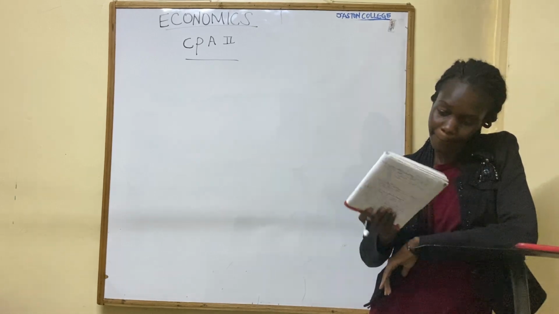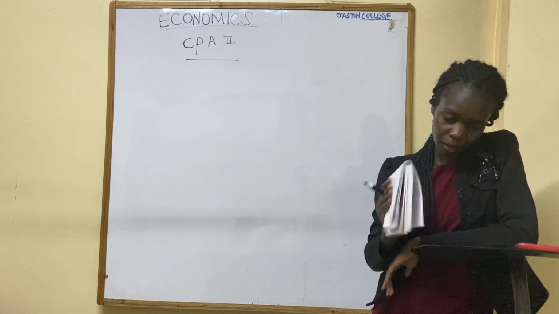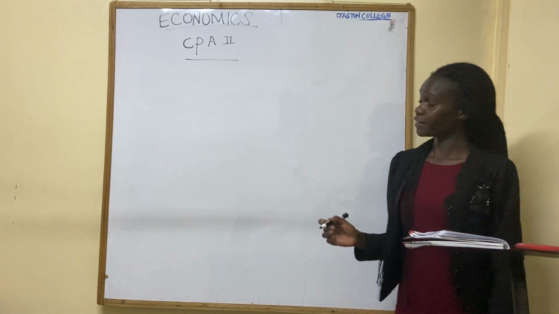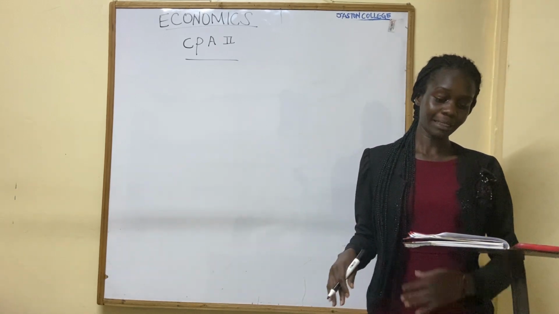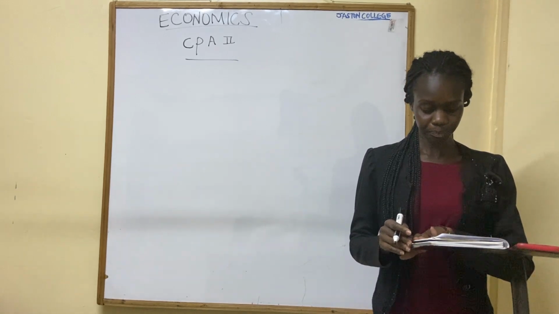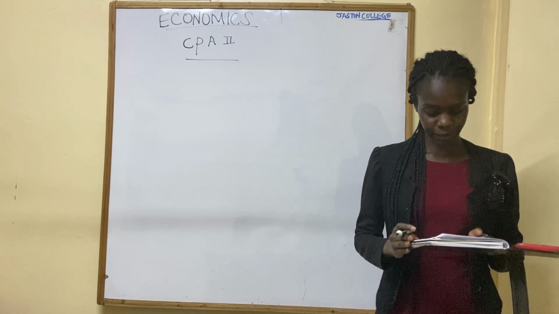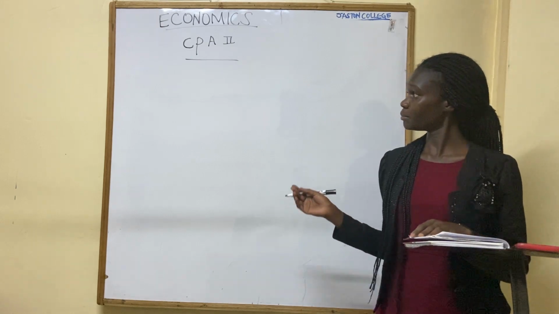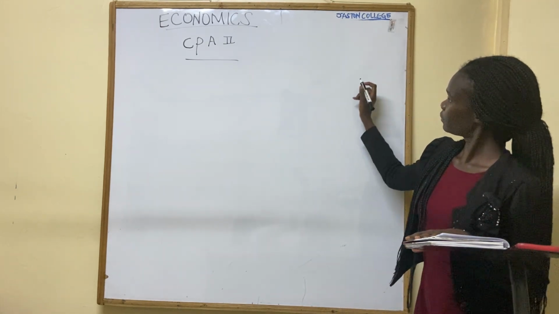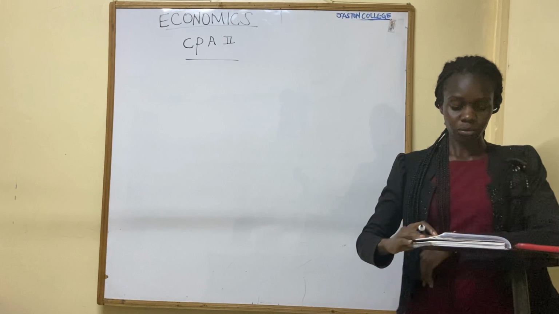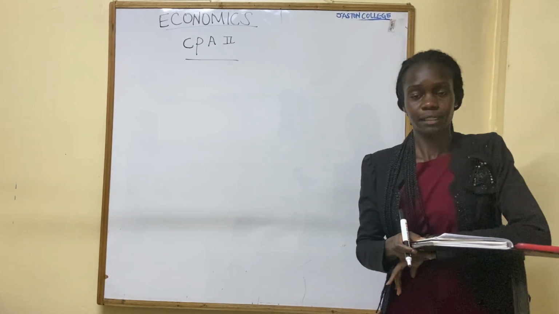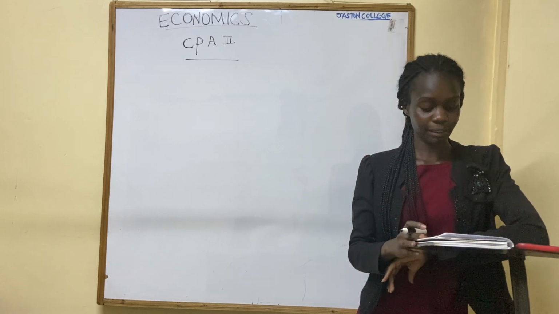So we have discussed the theories of supply and demand, the elasticity, and we have also discussed movement along the demand curve and shift in the demand curve. So we are done with the topic, the theory of demand and supply.